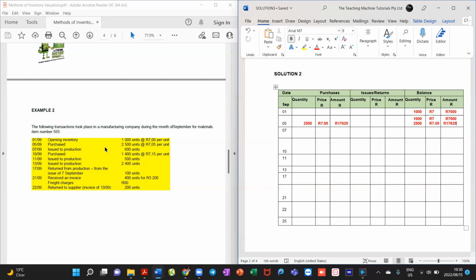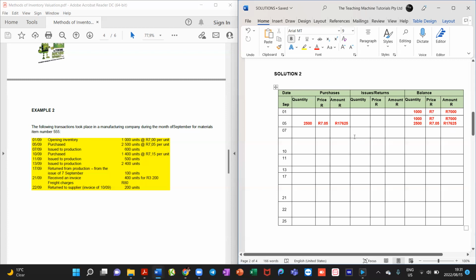The first batch consists of 1,000 units, the second batch consists of 2.5 units. First in, first out means that the old stock should be the first one sent to production or to the sales department.